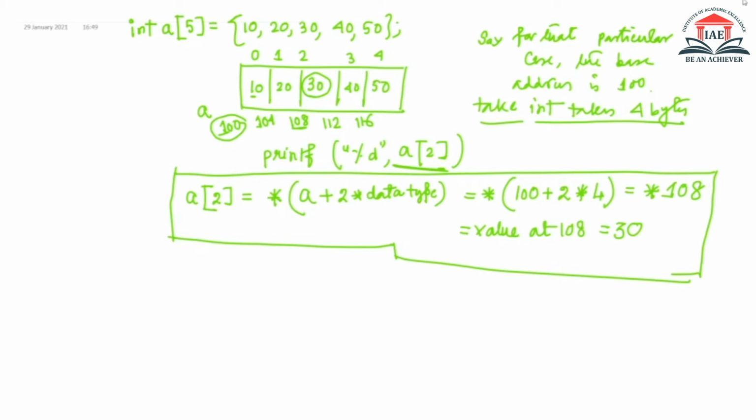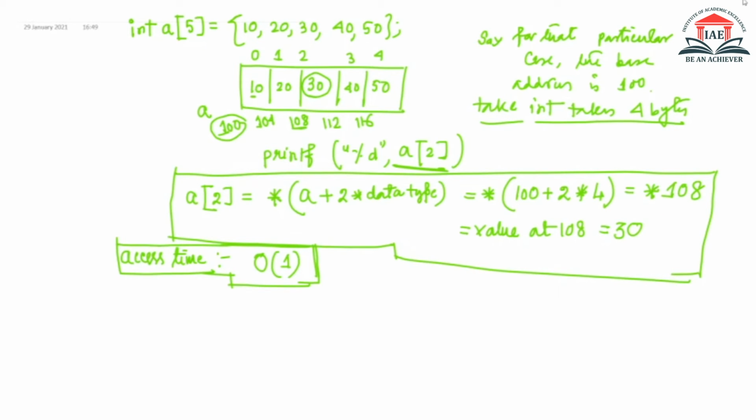And since it is a contiguous memory location, it can compute the value at any location using a pointer. It takes only order of 1 time, that is, the access time to access an element from an array is order of 1, because we will see later that it is much more beneficial for accessing an element compared to other data structures.